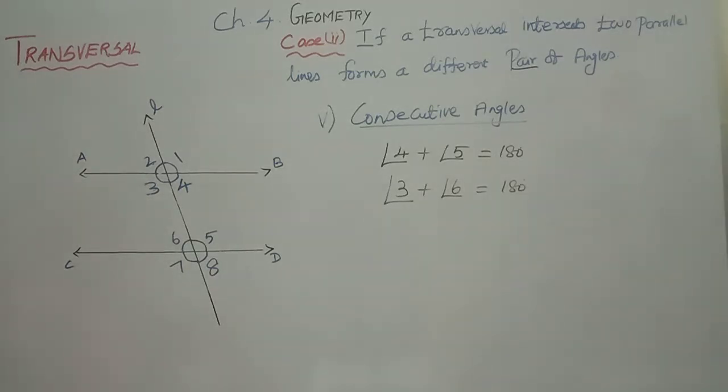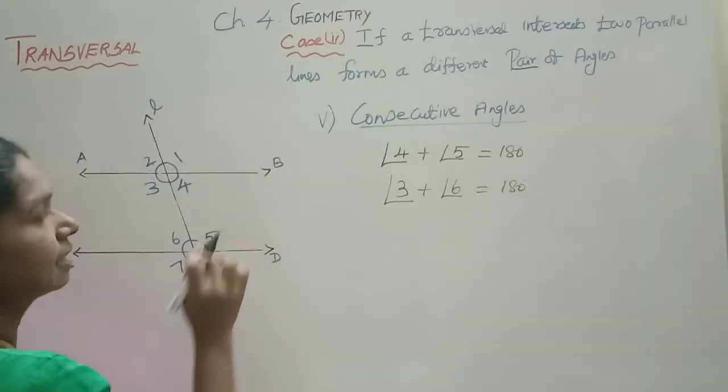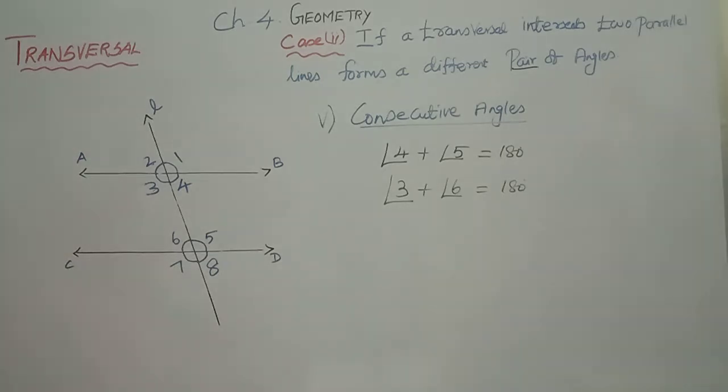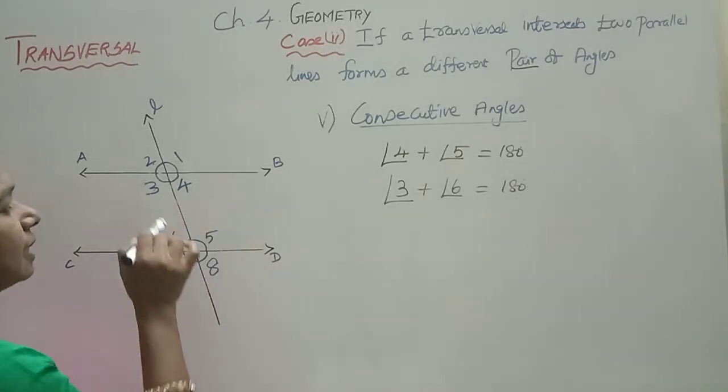And the next pair is angle 1 plus angle 8 equal to 180 degrees, exterior. Angle 2 plus angle 7 equal to 180 degrees. So interior pairs are angle 4 plus angle 5, angle 3 plus angle 6.